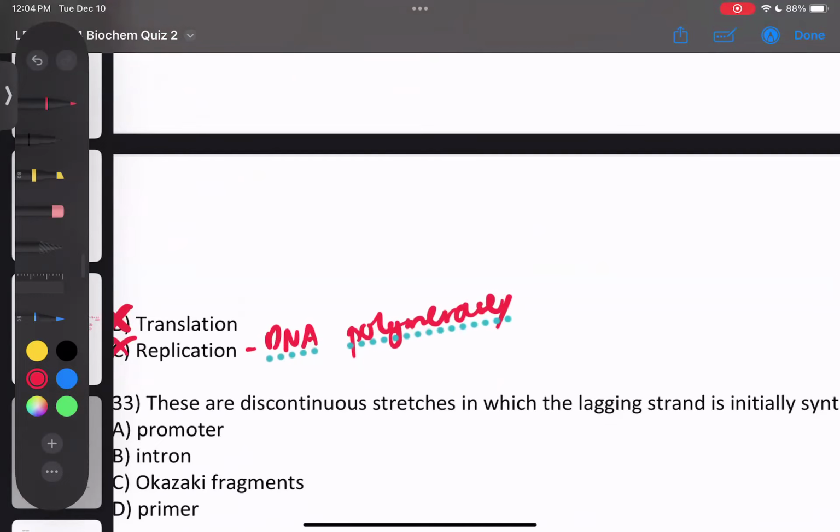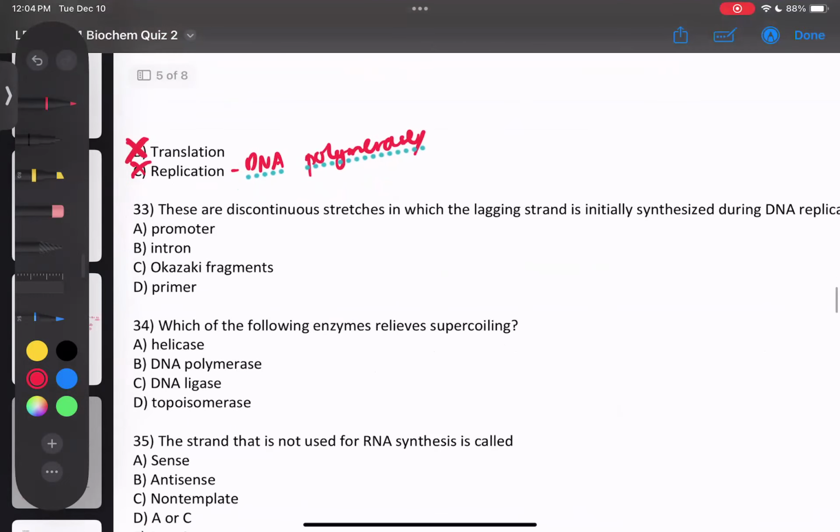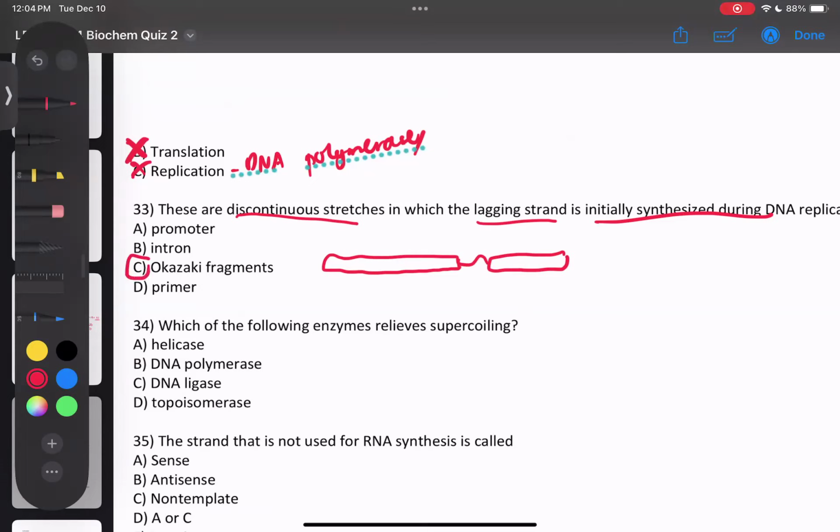And speaking of replication, 33 does ask about that. These are discontinuous stretches in which the lagging strand is initially synthesized. So this is my first lagging strand, and then this is the discontinuous stretch that you still need to attach to the initial strand using ligase. And we are talking about Okazaki fragments.